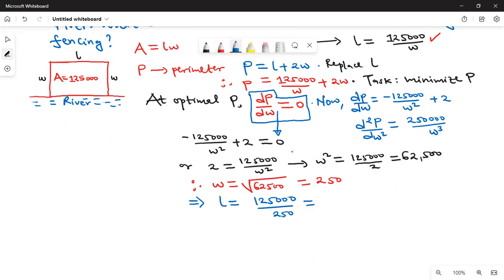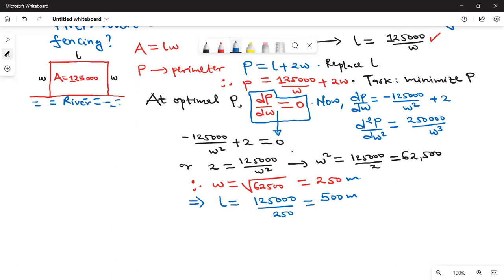Remember this is in meters. What about 125,000 over 250? You can press that in your calculator. That will give you 500 meters.